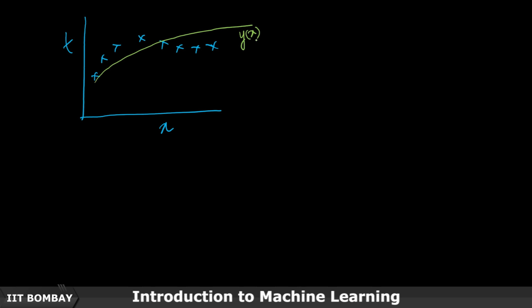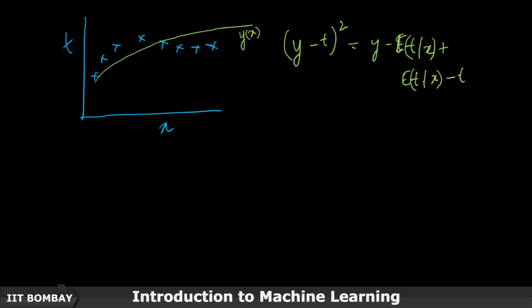So this (y minus t) whole square, we can write it as (y minus expected value of t given x plus expected value of t given x minus t) whole square. So we just added and subtracted the same term. We can take the whole square of this.